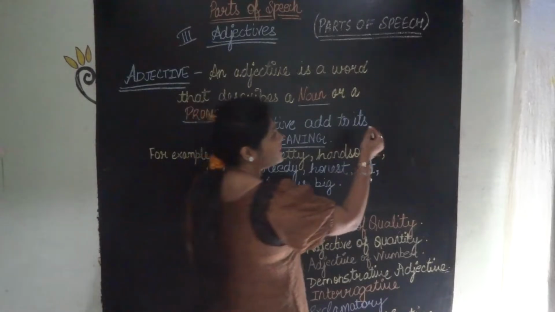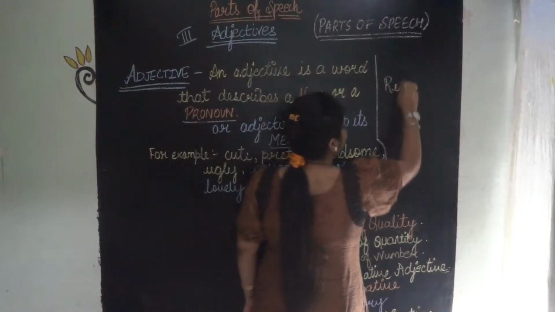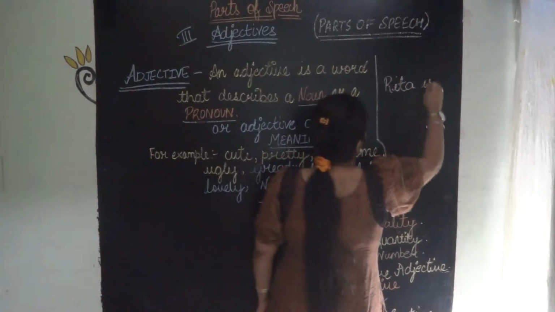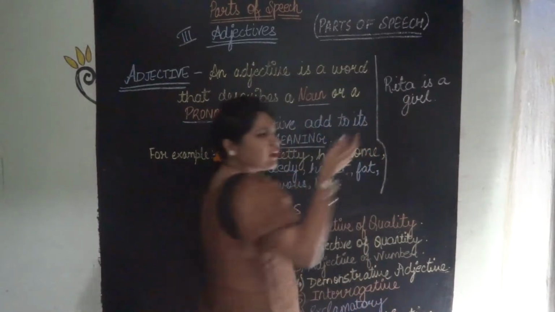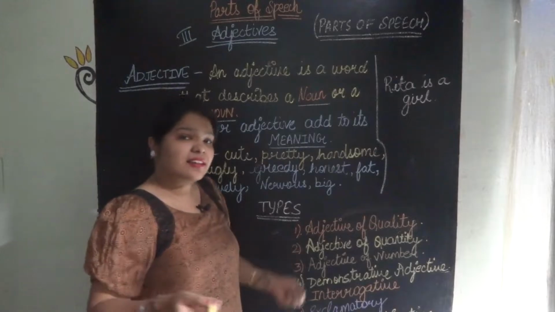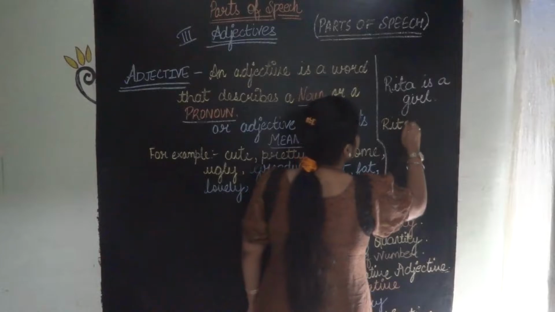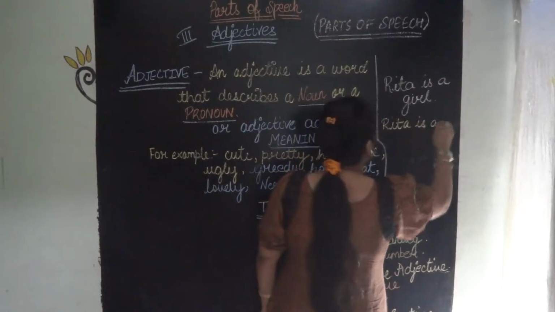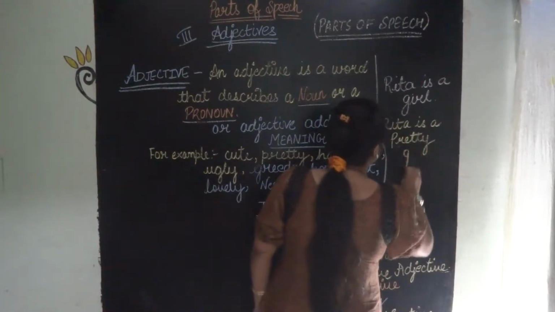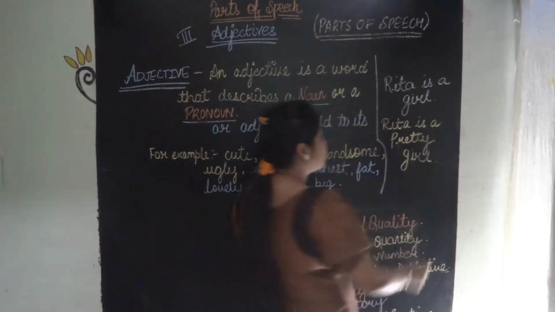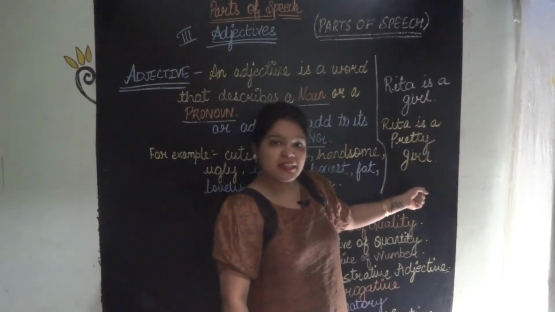For example, if I am writing Rita is a girl, okay, fine. If I am saying Rita is a cute girl or a pretty girl, what was the work of the adjective? Now tell me, first of all, what is the adjective in this sentence?